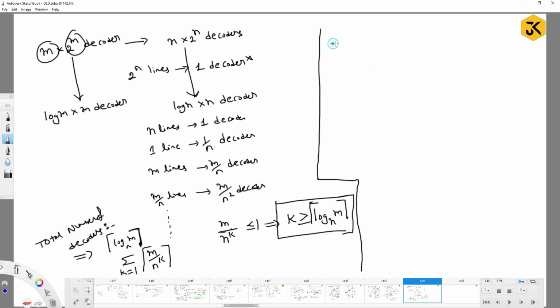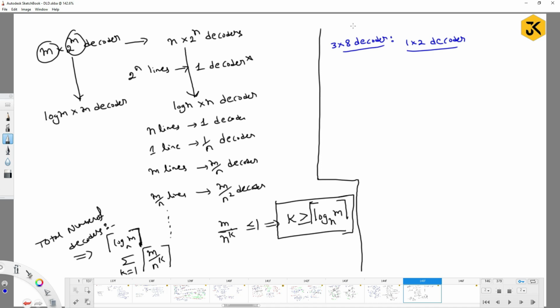For example, try to solve this one. If you want to implement a 3 by 8 decoder using 1 by 2 decoders, how many decoders of size 1 by 2 are required? So how many levels are there? How many levels are you going to get? 3 levels.